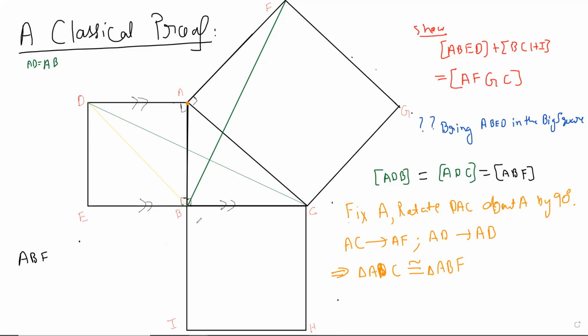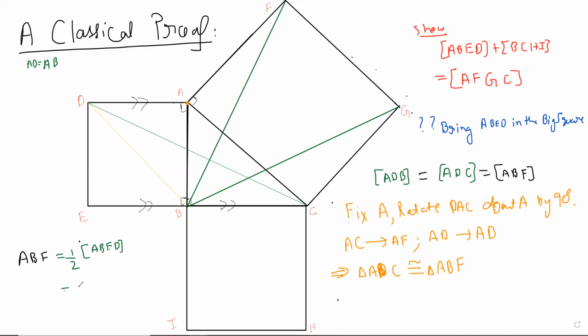Okay. So when you look at BCHI, you can again use the same thing to say that BCHI will be double of BCG. So ABF is equal to half of ABED.